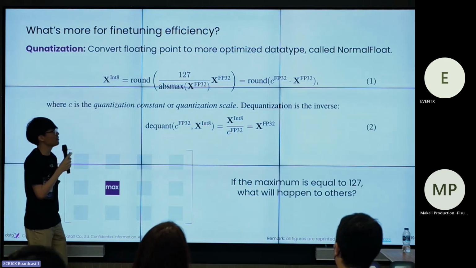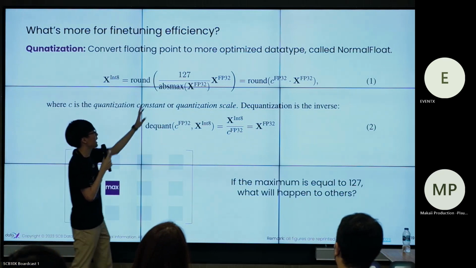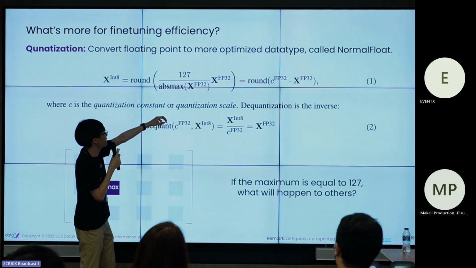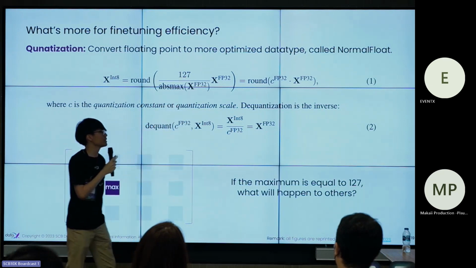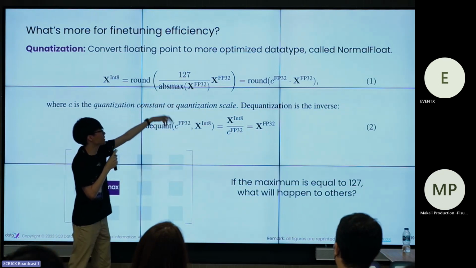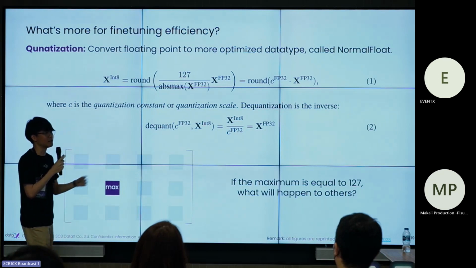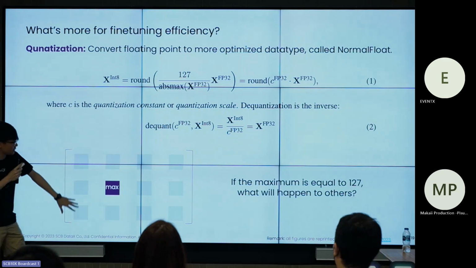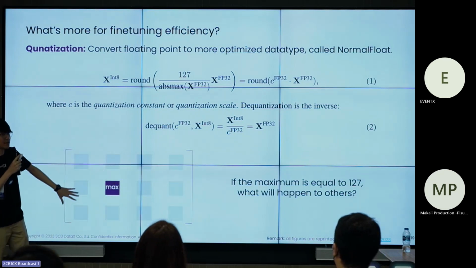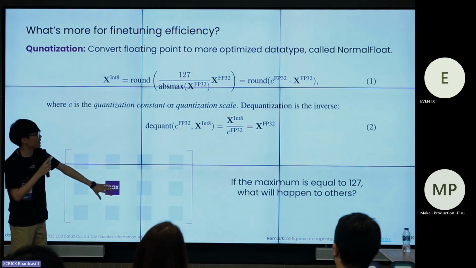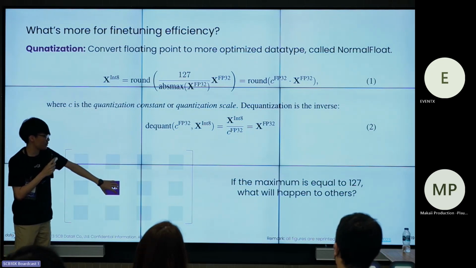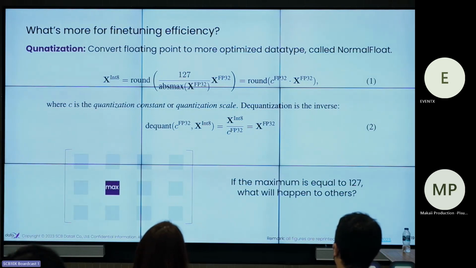With this formula, basically, this is how we calculate it. For example, this one is 127, right? And then we have x absolute max, which means the maximum of the input weights. For example, if we have a set of weights, the absolute max means the maximum absolute value in these weights.